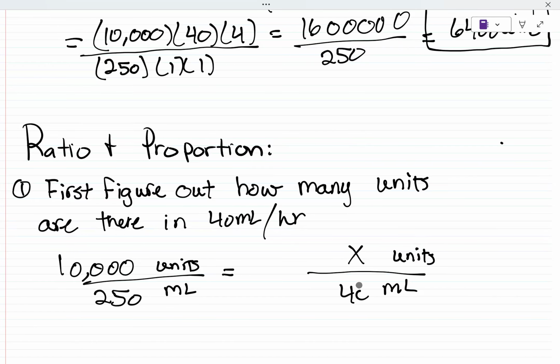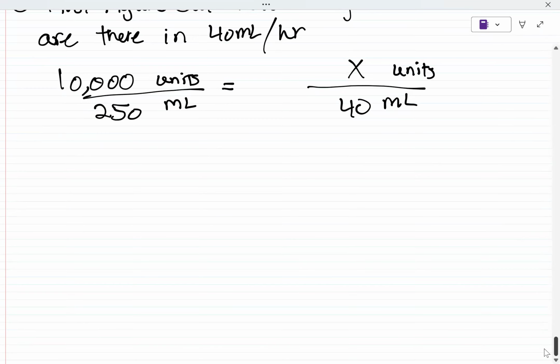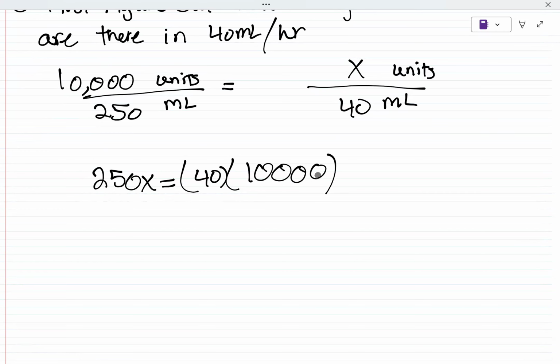And then for 40, so that's going to be cross multiply. That's 250X equals 40 times 10,000. That's going to be 400,000.